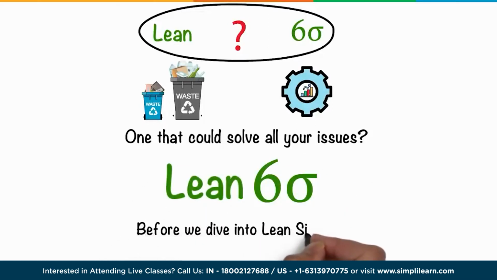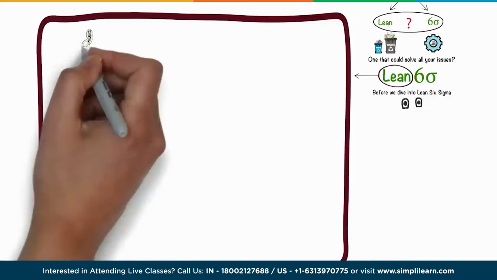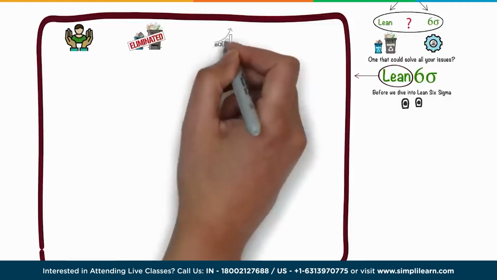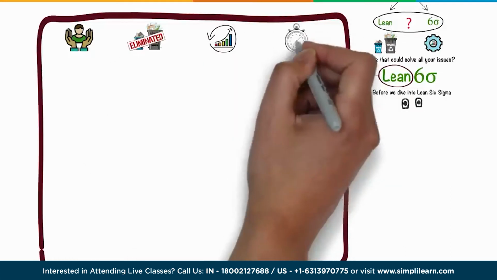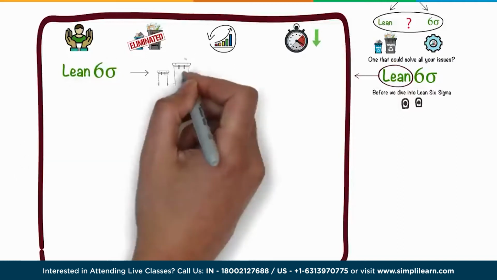Before we dive into Lean Six Sigma, let's take a closer look at its parent methodologies. First off, Lean is a methodology that focuses on providing value to the customer, eliminating waste, continuous improvement, and reducing cycle time. Lean and Six Sigma both aim to handle waste.